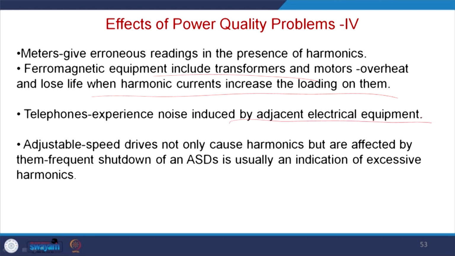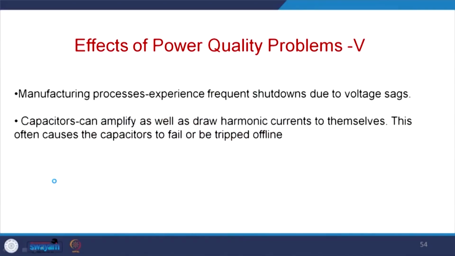Adjustable speed drives not only cause harmonics, but are affected by them. Frequent shutdown of the adjustable speed drive is usually an indication of excessive harmonics, and its life also reduces because of the high contamination of harmonics. Manufacturing processes, one of the important entities, experience frequent shutdown due to voltage drop and voltage sag.